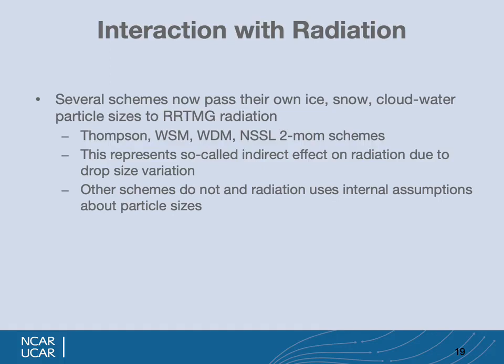And this represents the so-called indirect effect on radiation due to drop size variation. So, for example, more polluted conditions lead to smaller cloud droplets, which have a higher albedo, and that effect is represented when you know the particle sizes.